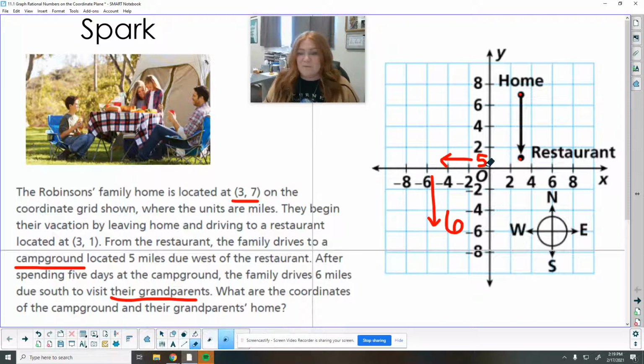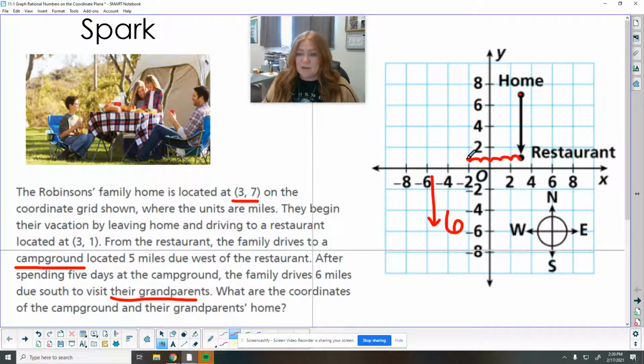So we want to go 5 units west, or to the left, of the restaurant. So here is 1 unit, 2, 3, and I'm cutting each of these in half because this goes to 2, 1, 0. So here's 1, 2, 3, 4, 5.